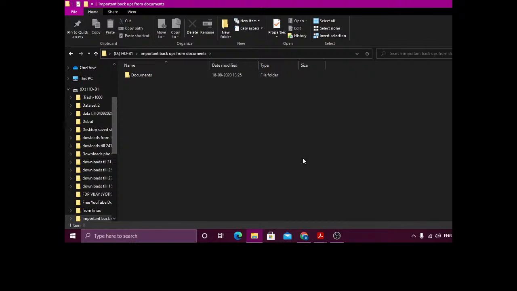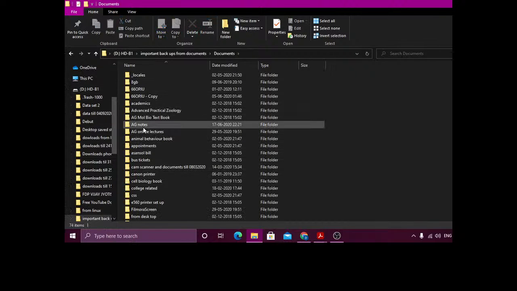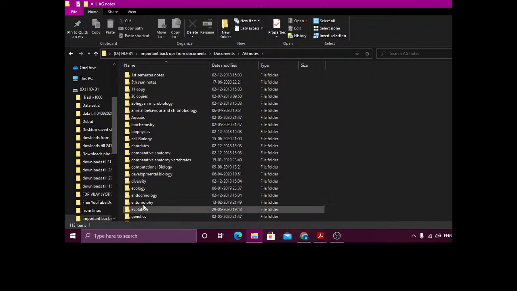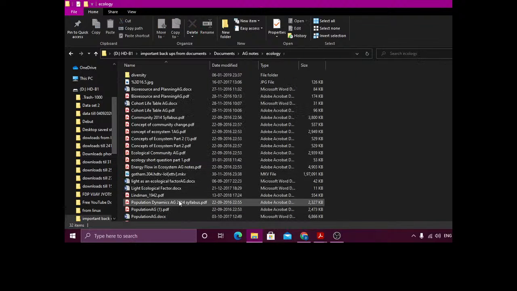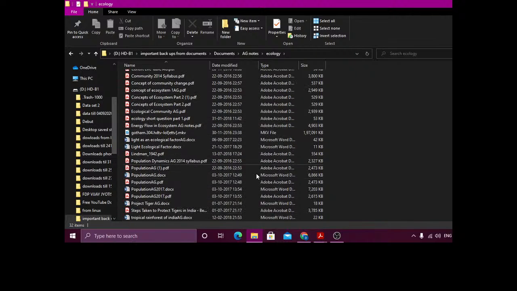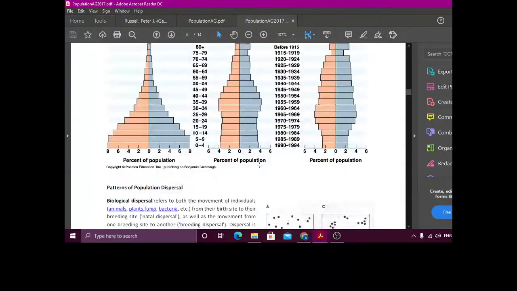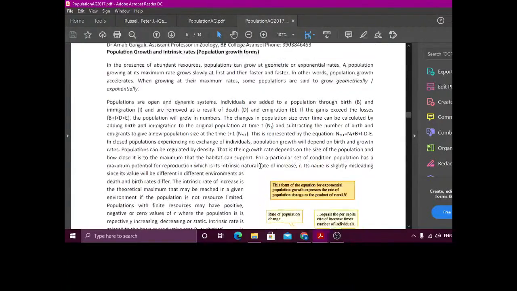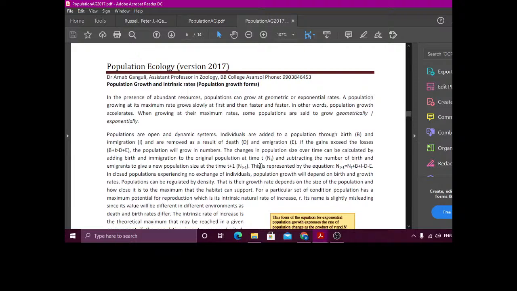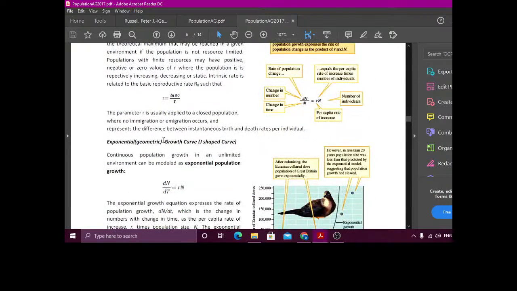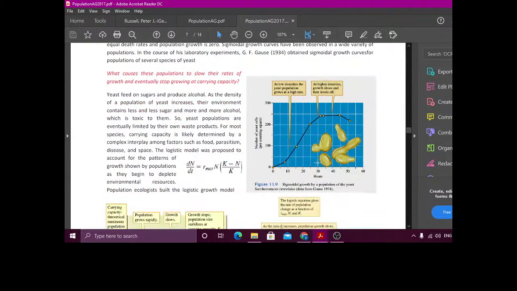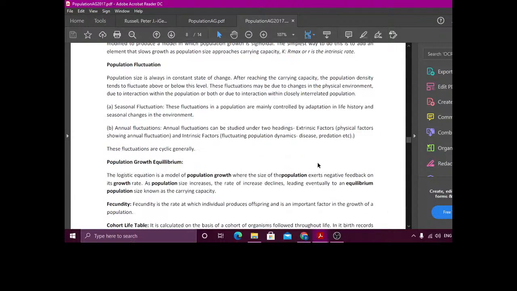Okay, important backup. This is my note actually. Here, exponential geometric curve. This is the note. It's written perfectly. I have removed that from there. This is my note.